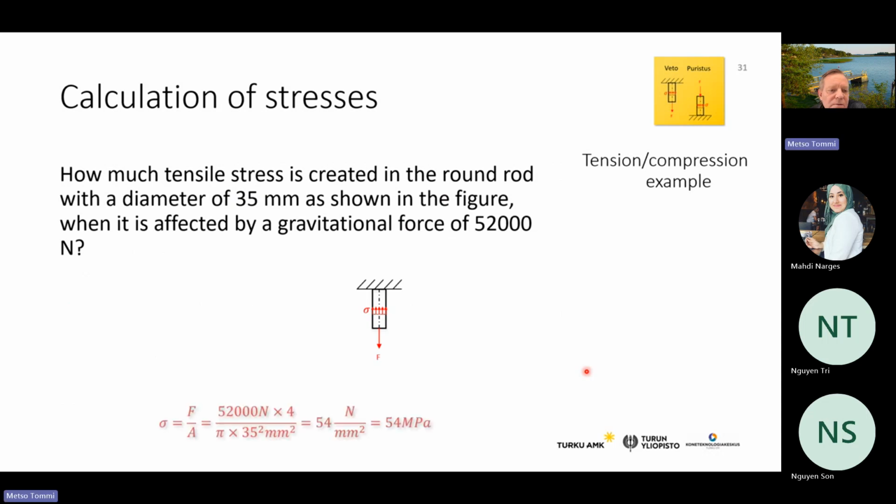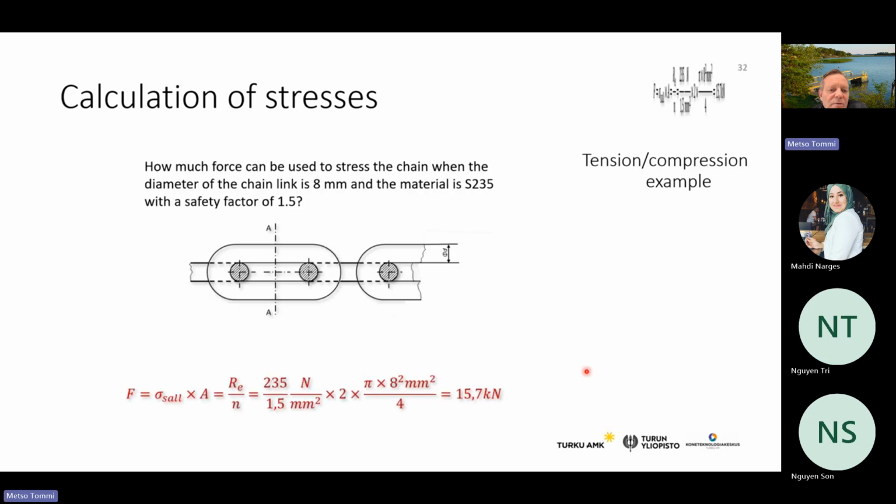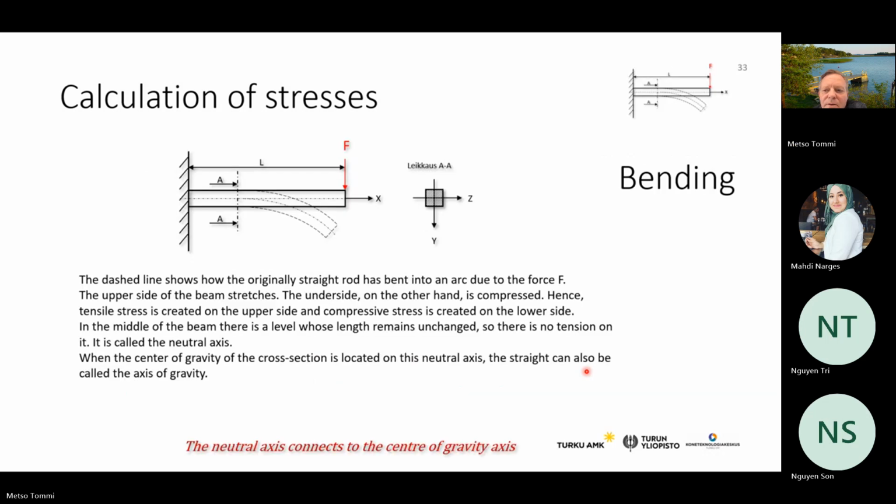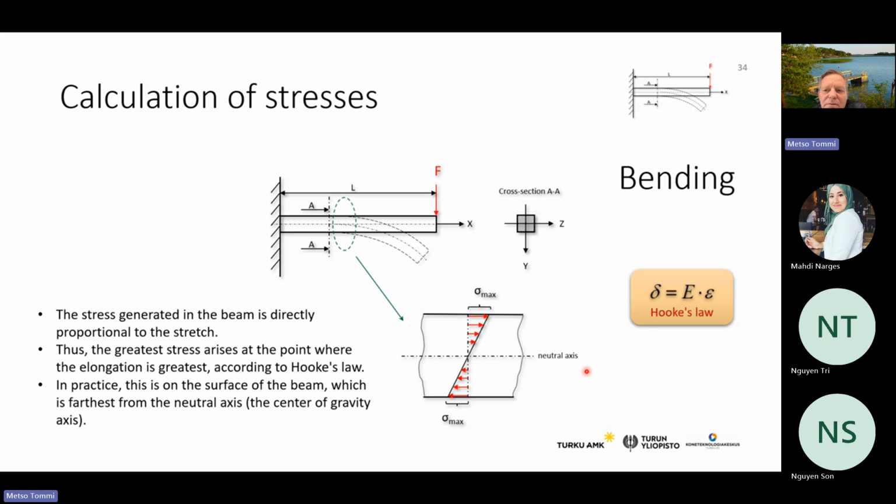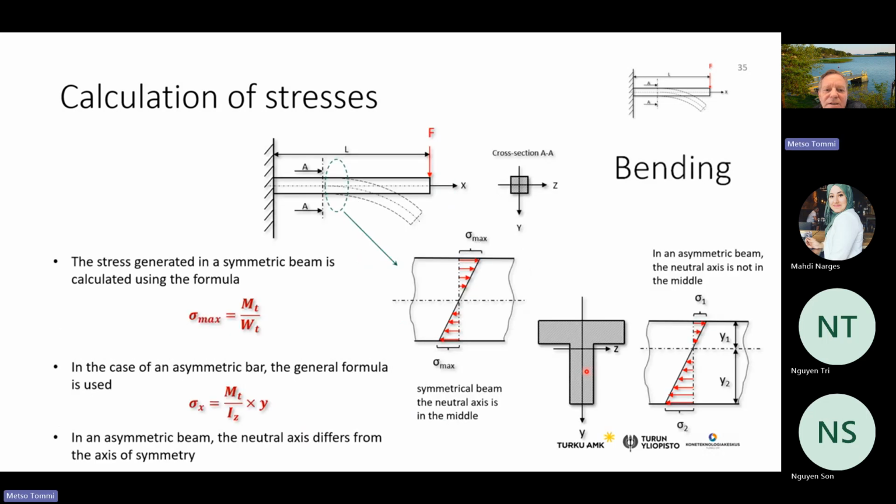Here is some example of how to calculate stresses, and also from this chain, what happens in the chain. Here are these bending examples, calculation examples, and this is the most important part in this course, how to calculate these stresses in bending.